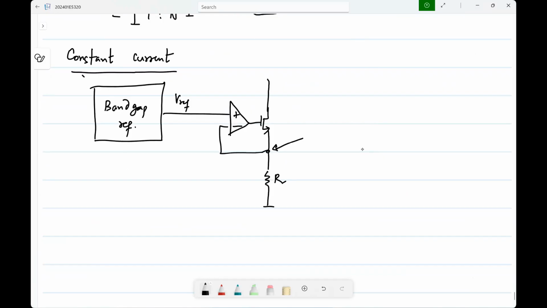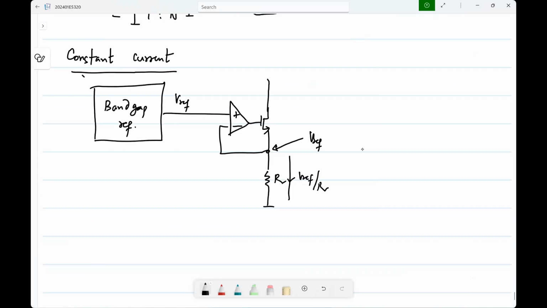Vref. So what is the current? Vref by R. So the current flowing through this is Vref by R. Now, you can't do anything about the temperature dependence of R. Assuming that R is independent of temperature, you will get a constant current.